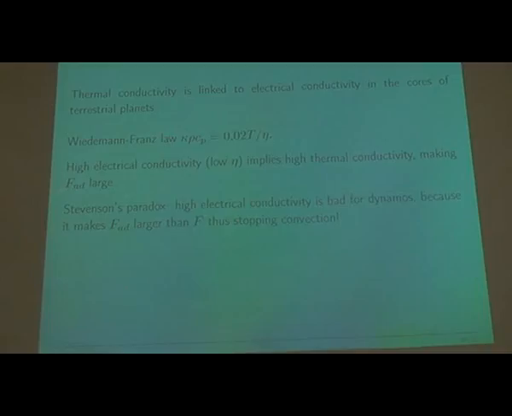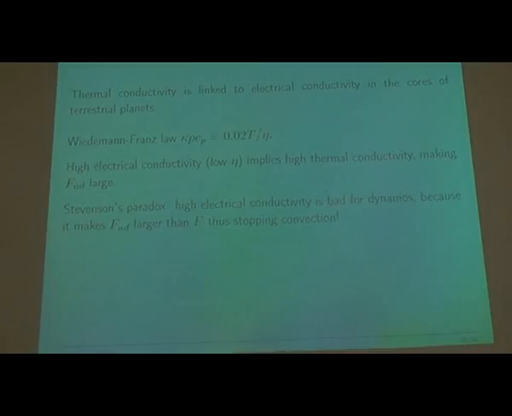And David Stevenson has a very nice paradox, which I quite like. He says, normal people would think that high electrical conductivity is always good for dynamos. After all, you want lots of electrically conducting fluid, you say, to get a dynamo. He says, no, that's not the case.